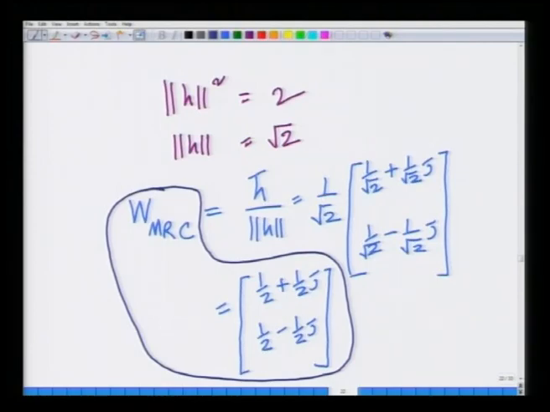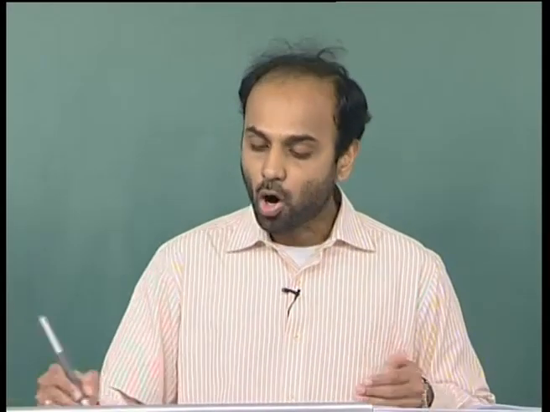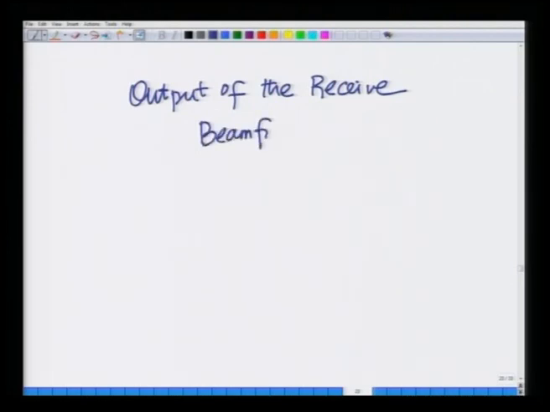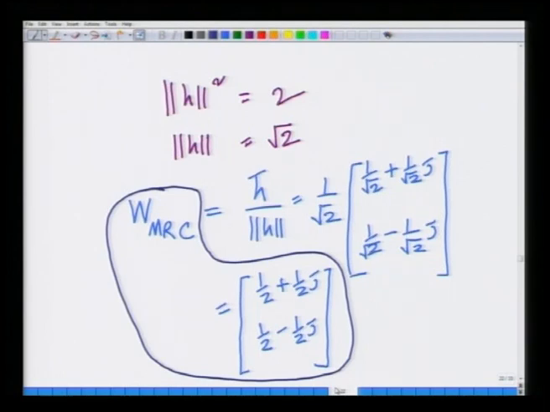All right. Now, we know, given the maximal ratio combining vector, the output of the received beamformer is nothing but w bar Hermitian y bar, and let me remind you how w bar looks. w bar is the optimal MRC combiner, which has this structure. So, w bar Hermitian, which means I simply have to take the transpose and then conjugate.